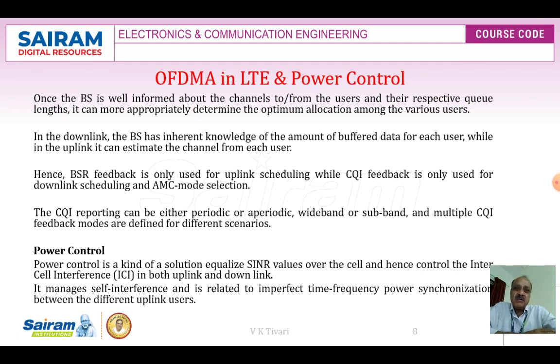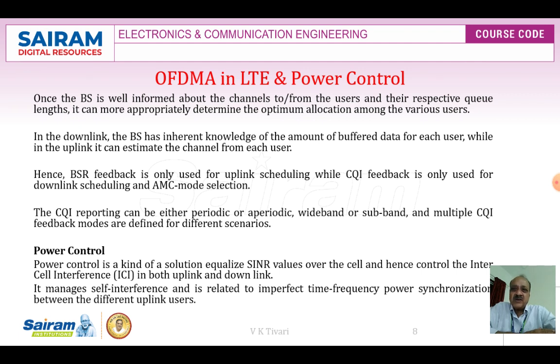CQI reporting in downlink scheduling may be periodic or aperiodic. Wideband, subband or multiple CQI feedback modes are defined for different scenarios. Power control is a solution used to manage SINR values over the cell and hence control inter-cell interference in both uplink and downlink.